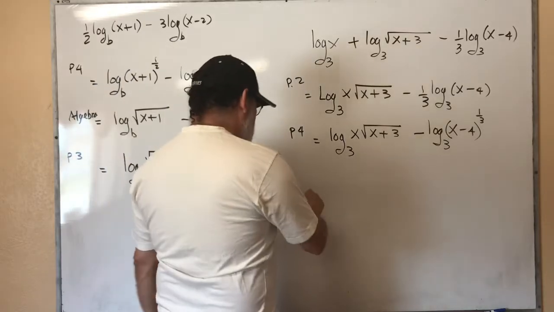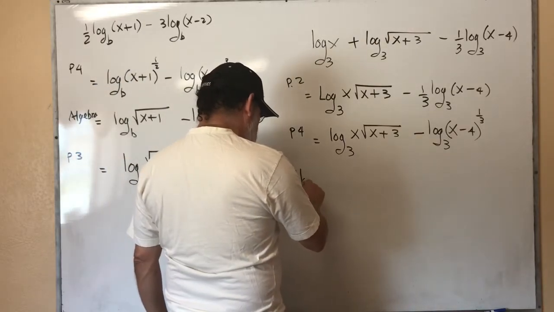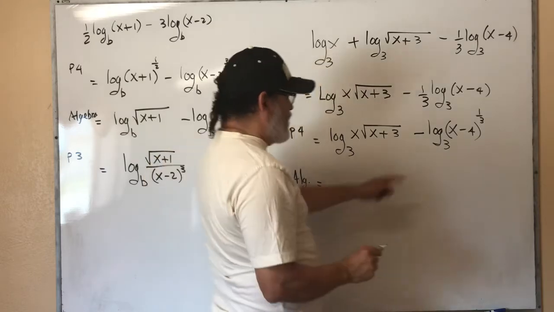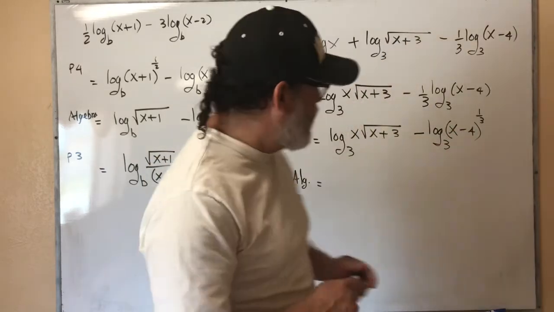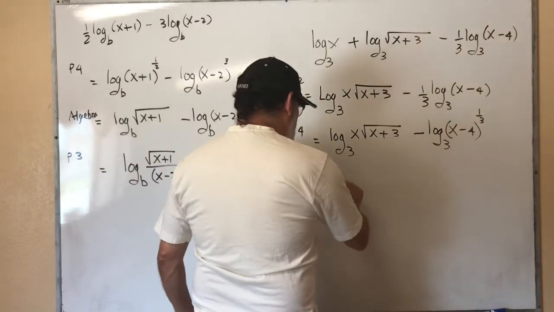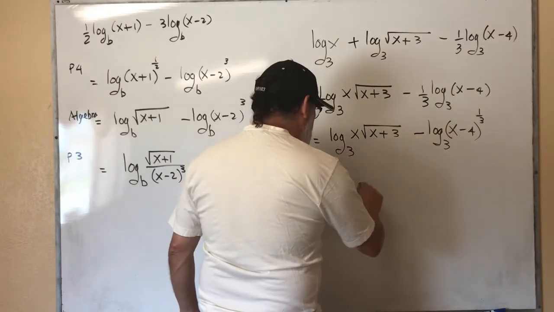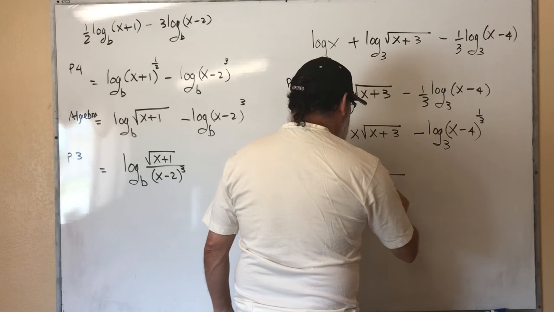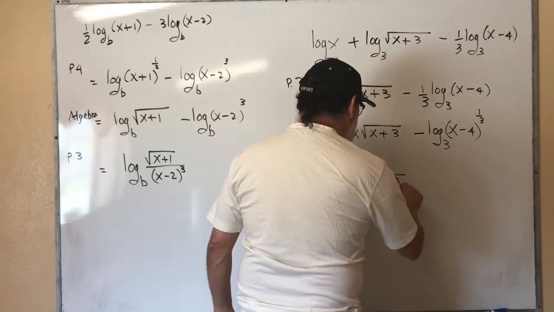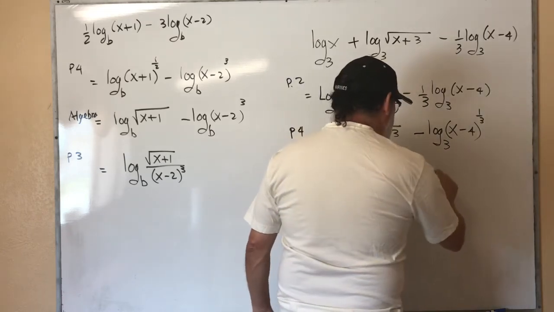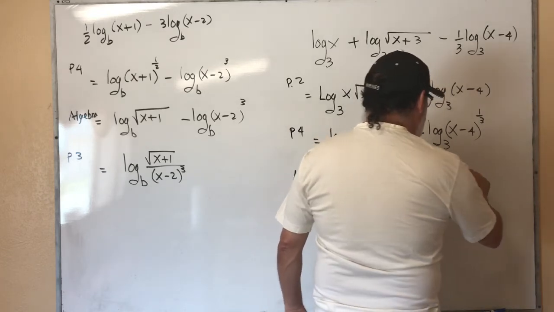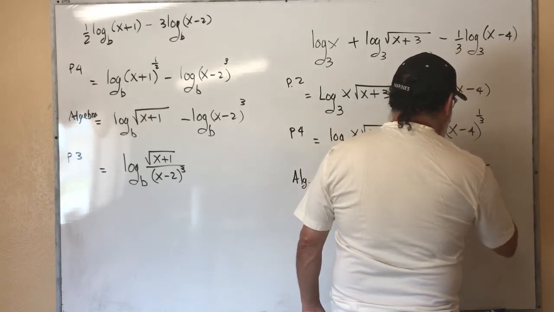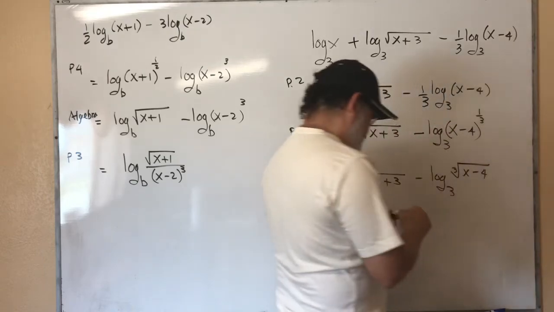By algebra, I'm going to express this as a radical. Okay? So this is log base 3 of x times the square root of x plus 3 minus the log base 3 of the cube root of x minus 4.